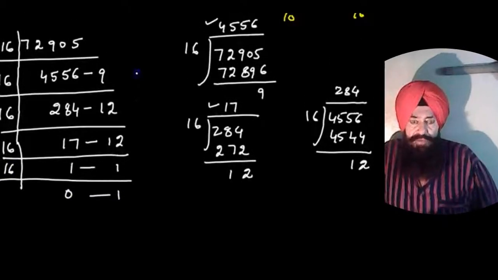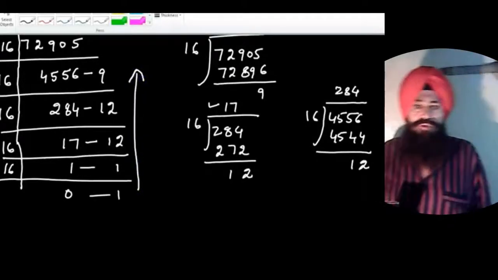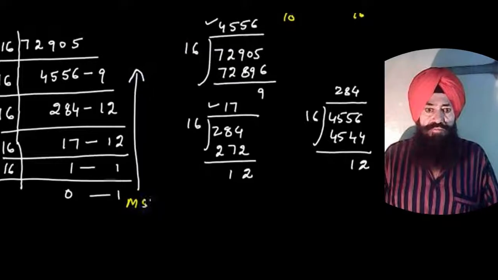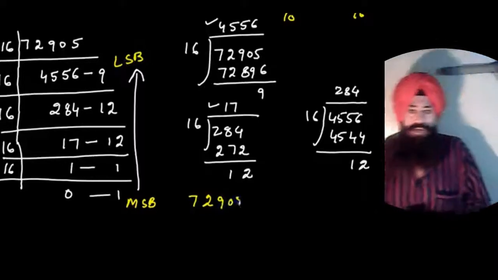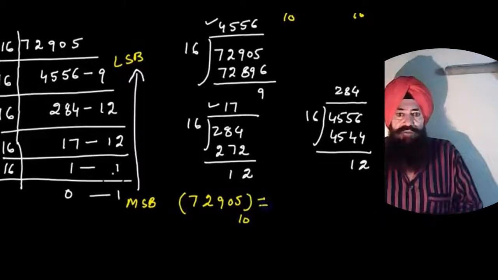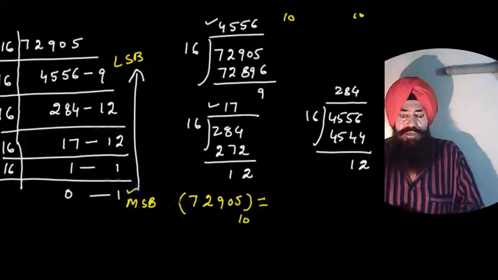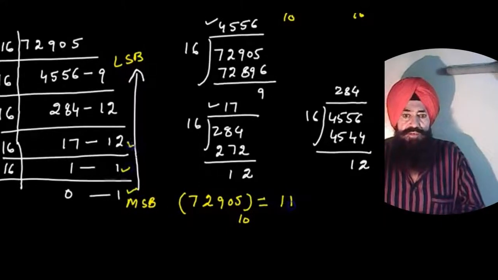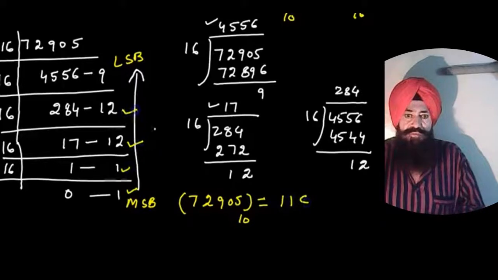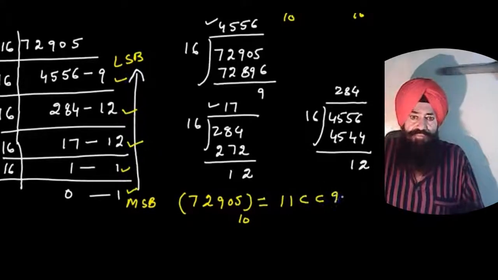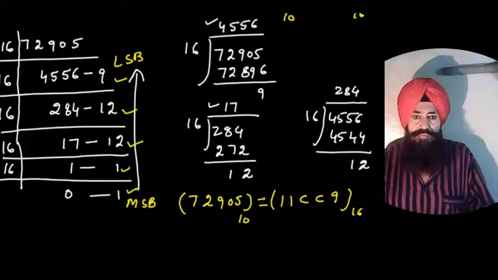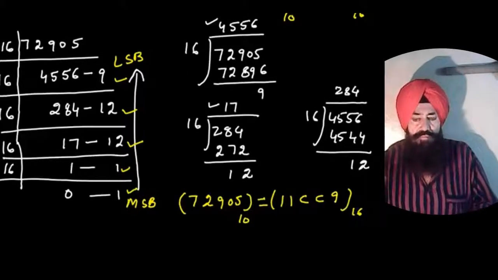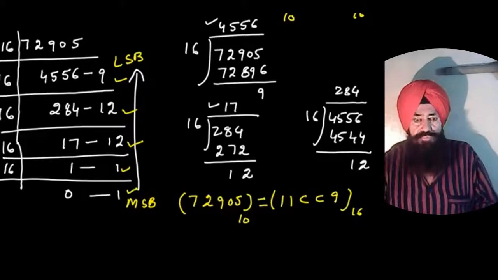Okay. Now you know which one is the most significant bit and which one is the least. This is the most significant bit and this is the least significant bit. So the answer becomes: 1 is the most significant, 9 is the least significant.